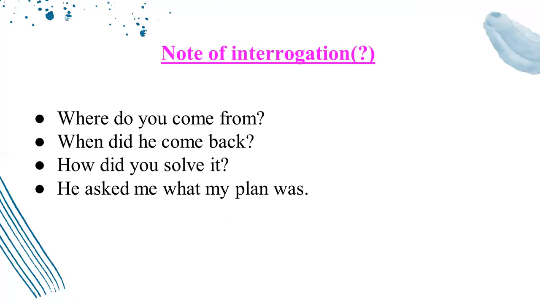But notice carefully the last sentence: he asked me what my pen was. Here is also a question, but there is no note of interrogation, because it's an indirect question. An indirect question doesn't take a note of interrogation. Am I clear to you?